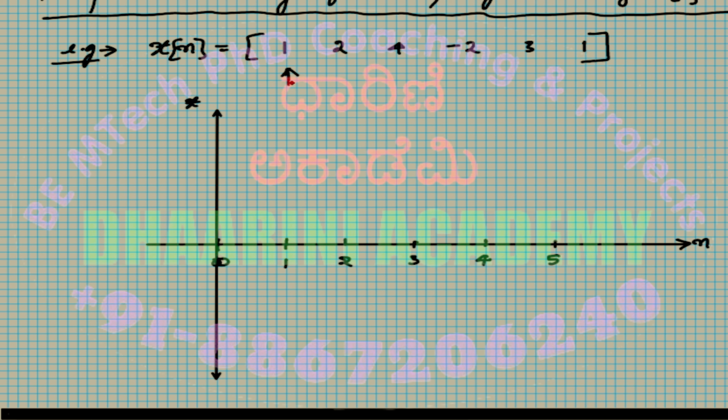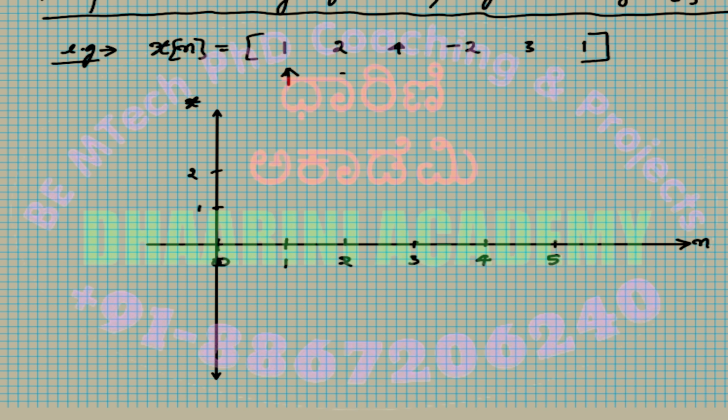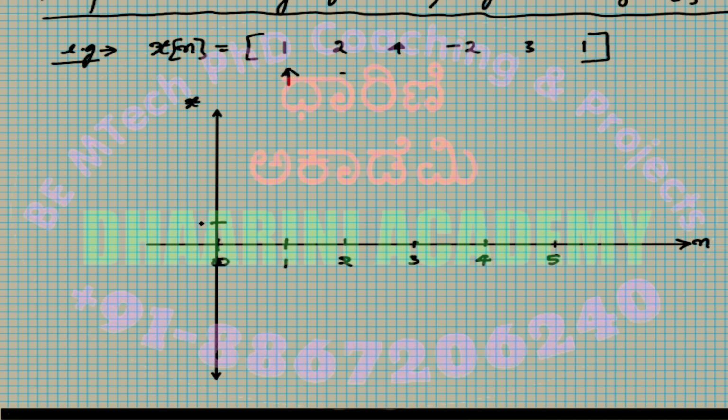I understand that the signal starts at 0 and goes all the way till 5, because if the arrow mark is 0, the next ones will be 1, 2, 3, 4, 5. So indexing is along the n axis and the amplitude will come along this. I'll reduce the scale so that I can plot more.